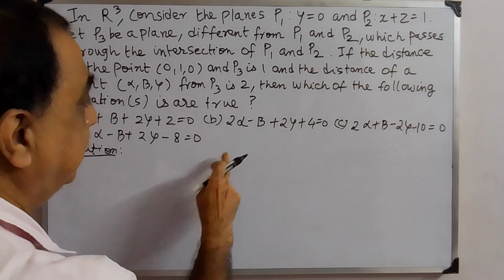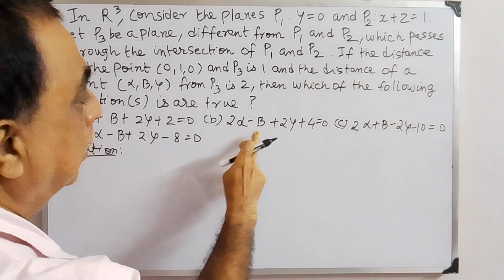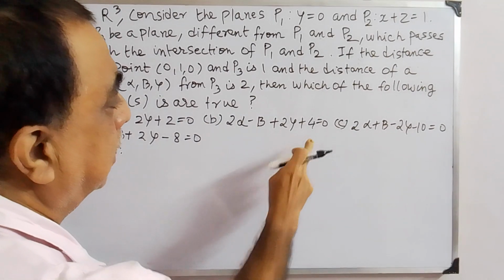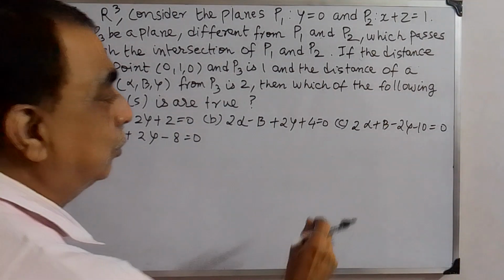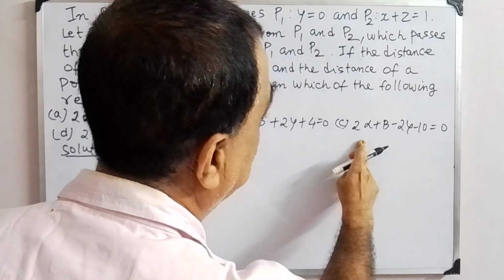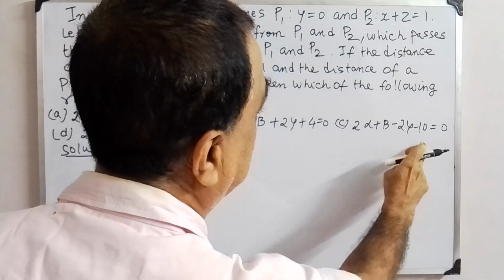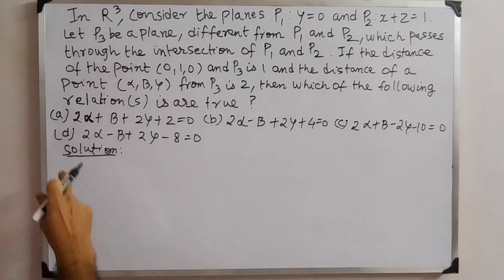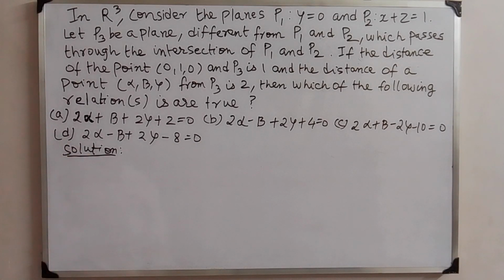B option: 2 alpha minus beta plus 2 gamma plus 4 equals 0. C option: 2 alpha plus beta minus 2 gamma minus 10 equals 0. And D option: 2 alpha minus beta plus 2 gamma minus 8 equals 0.